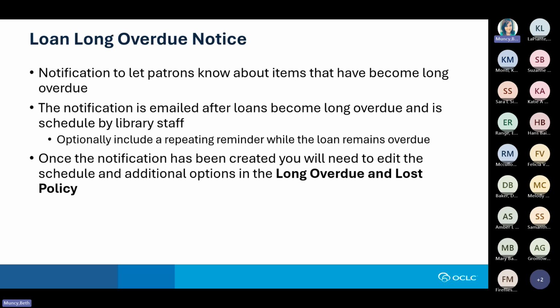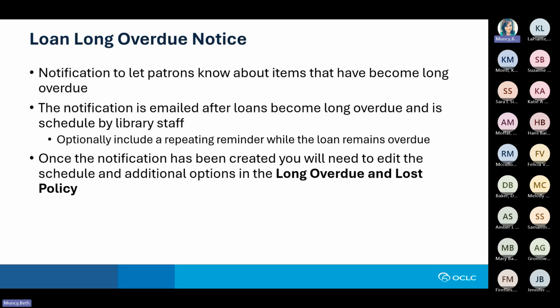Again, our loan long overdue notice will let patrons know that we've changed that status to long overdue, and we are now charging at replacement cost for that item. This would also include processing fees as well, and you can indicate what that looks like. That notification is emailed once the item has switched its status over to long overdue, depending upon what you've indicated in the policy.